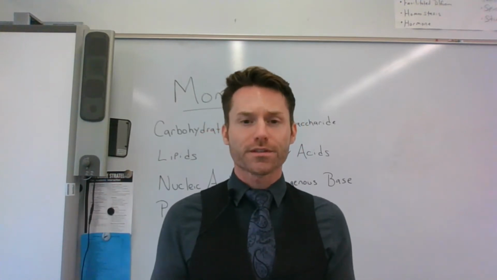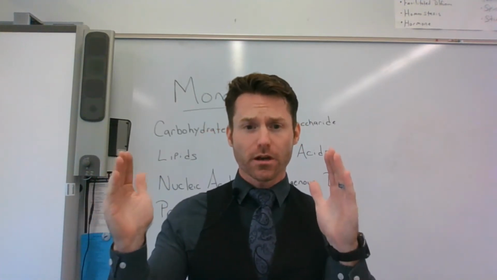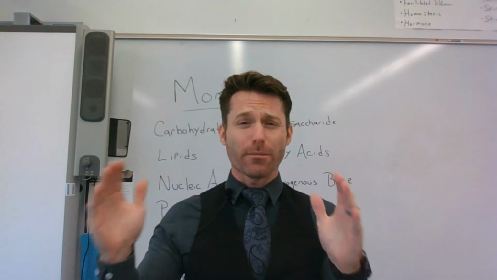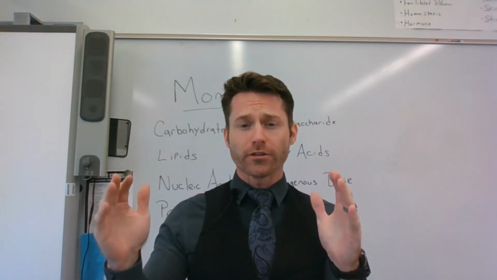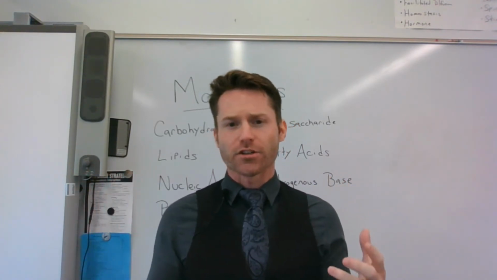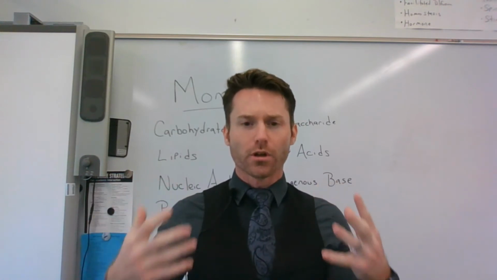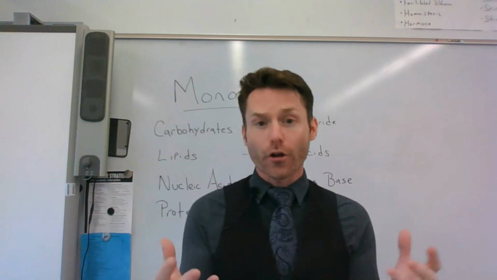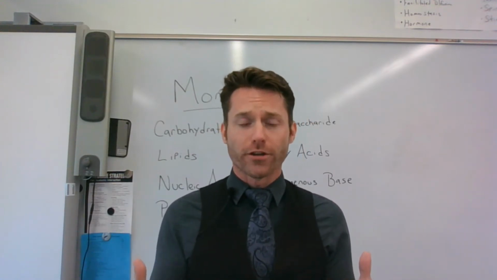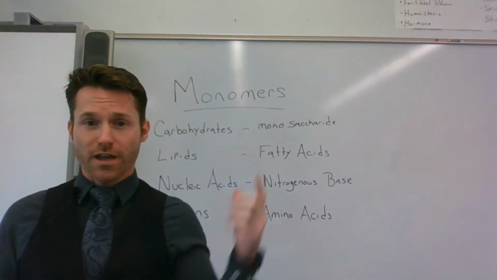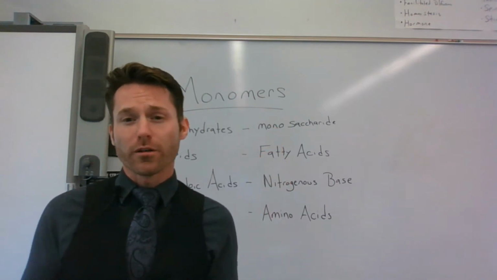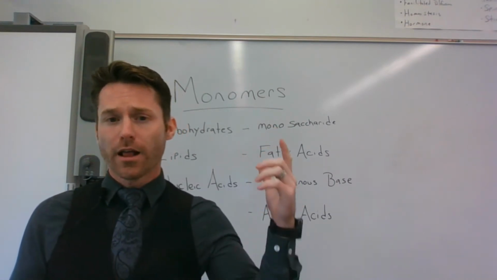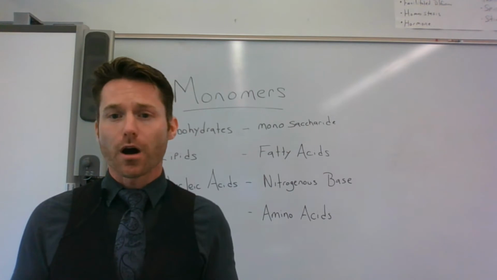So for instance, carbohydrates are a polymer. And there are a couple of different forms of carbohydrates, right? There are sugars, there are starches, and then there are structural polysaccharides. Okay. The monomer of carbohydrates is the monosaccharide. Right? So the polymer is a polysaccharide, the monomer is a monosaccharide.